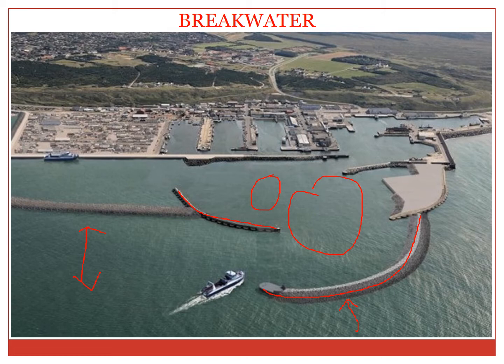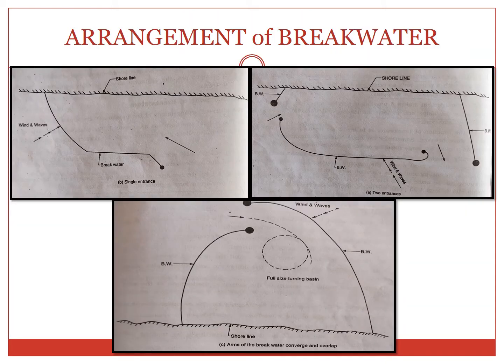It is very visible that in the midst of the harbor, there is no fluctuation in the level of the water itself. So the breakwaters can be arranged accordingly as single entrance, two entrances, and arms of the breakwater that converge and overlap each other. So these are the arrangements of breakwater.